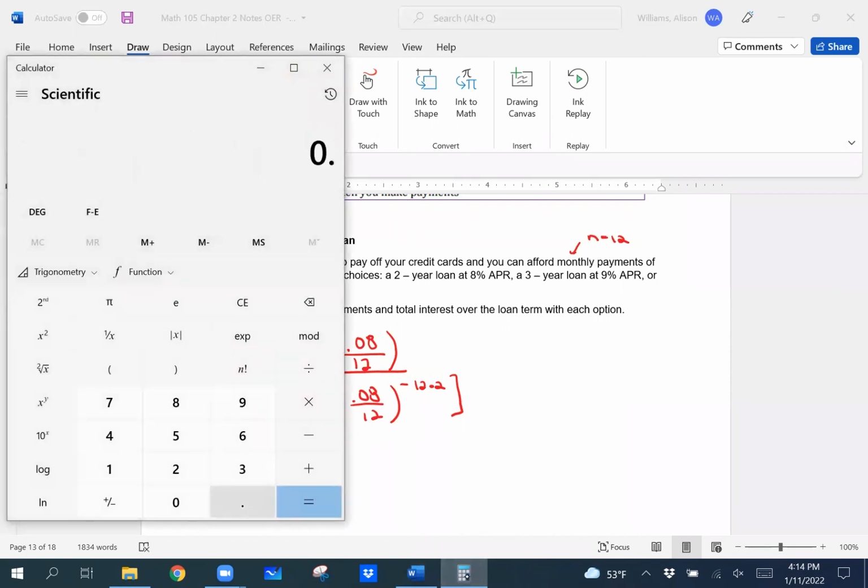0.08 divided by 12 comes out to 0.00 and then 6 repeating.